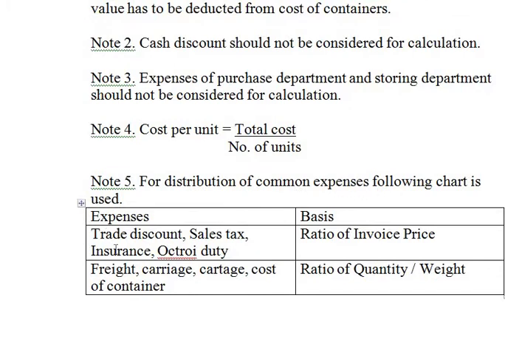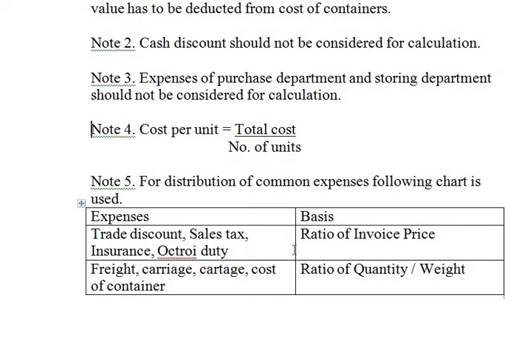Trade discount, sales tax, insurance, octroi duty are distributed in the ratio of invoice price. Freight, carriage, cartage, cost of container are distributed on the basis of the ratio of quantity or weight. So you will have to remember this chart.